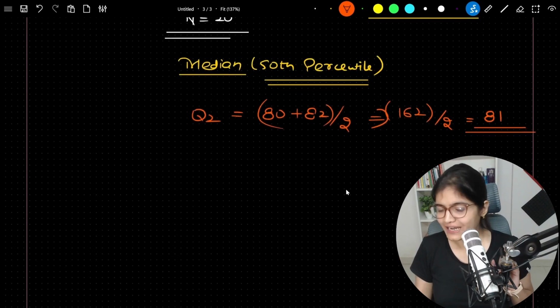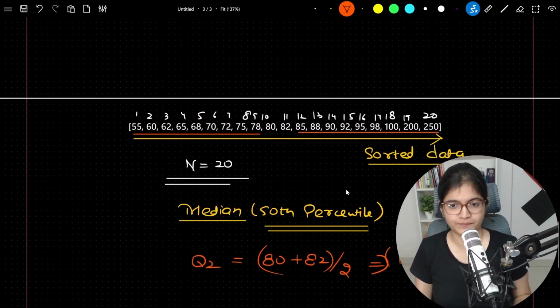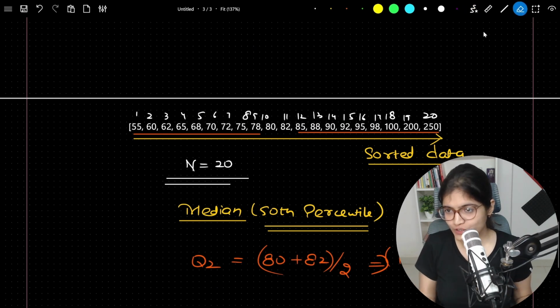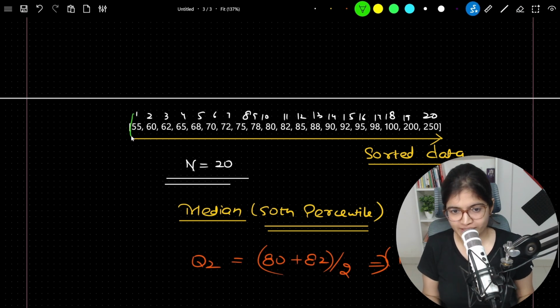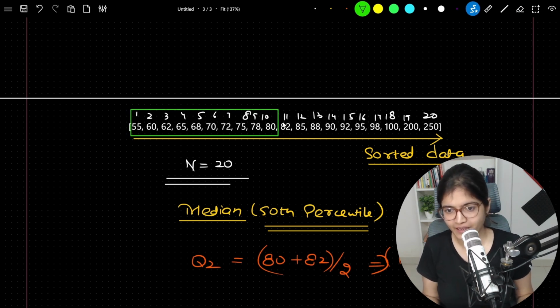Now, if I ask you what is Q1 and what is Q3, in that case you will split these entries into 2 components. You take the first 10 entries in one cycle and the next 10 entries in another cycle.